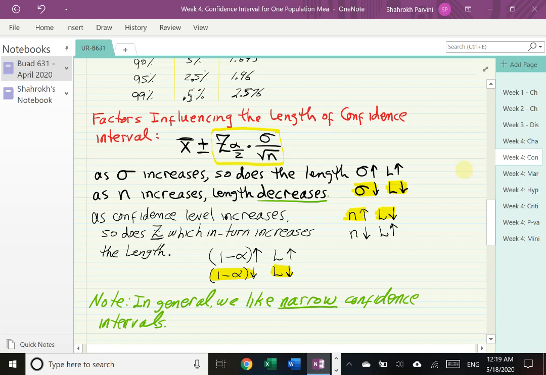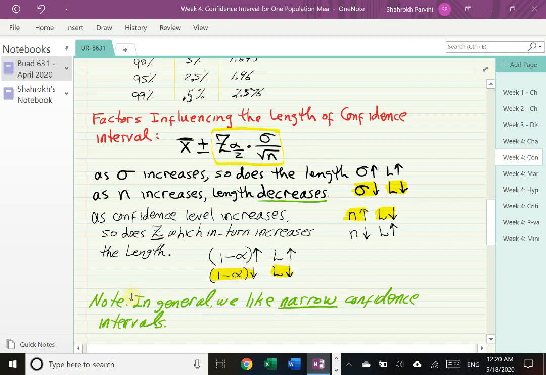It would be much more helpful if I said the average rent in a certain zip code is, for example, $2,000 to $3,000. That would make more sense, and it's also better information. So in general, we would like to have narrow confidence intervals.